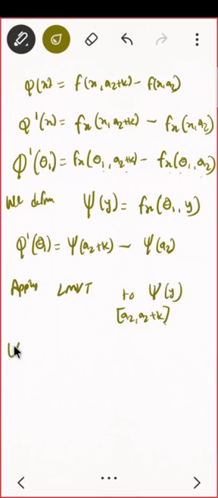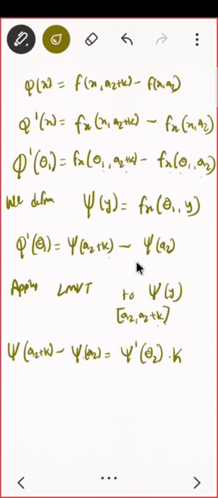It will be psi of e2 plus k minus psi of e2. That will be equal to what? Psi dash of some theta 2 multiplied by k. The difference is k here. Correct? But what is this? This is same as phi dash of theta 1. So phi dash of theta 1 is equal to psi dash of theta 2 times k.